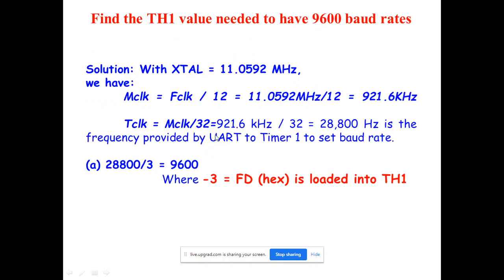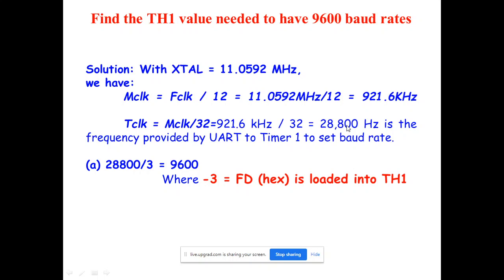Now first find the TH1 value needed to set the baud rate at 9600. We know the crystal frequency is 11.0592 megahertz, then divided by 12, the machine clock is 921.6 kilohertz. Then timer clock is machine clock divided by 32, it's coming 28.8 kilohertz.